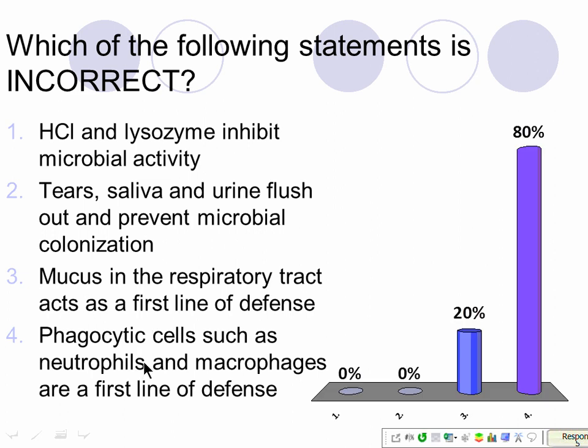Yes, remember cells were the second line of defense. So here it says phagocytic cells are neutrophils and macrophages. They are second line, not the first line of defense. Everything else is the first line of defense.